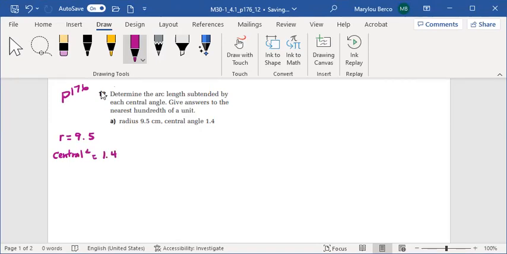Okay, so the proportion we're going to use is arc length over circumference equals central angle over complete rotation.